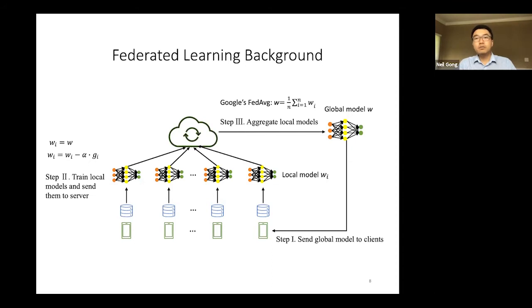So federated learning basically repeats these 3 steps for many iterations, and the final global model is used to provide services for the clients. We note that it is equivalent to send the local model update Wi minus W instead of the local models Wi in step 2 to the server, which we will use in part 2 of this talk.